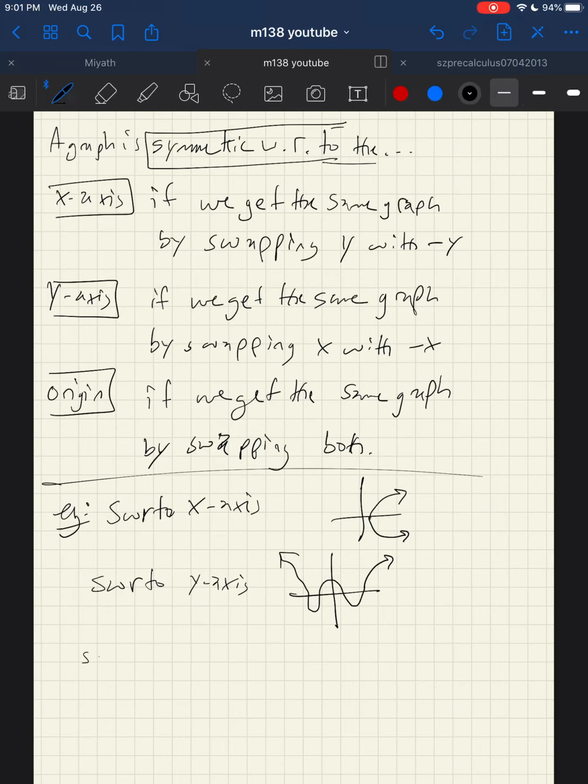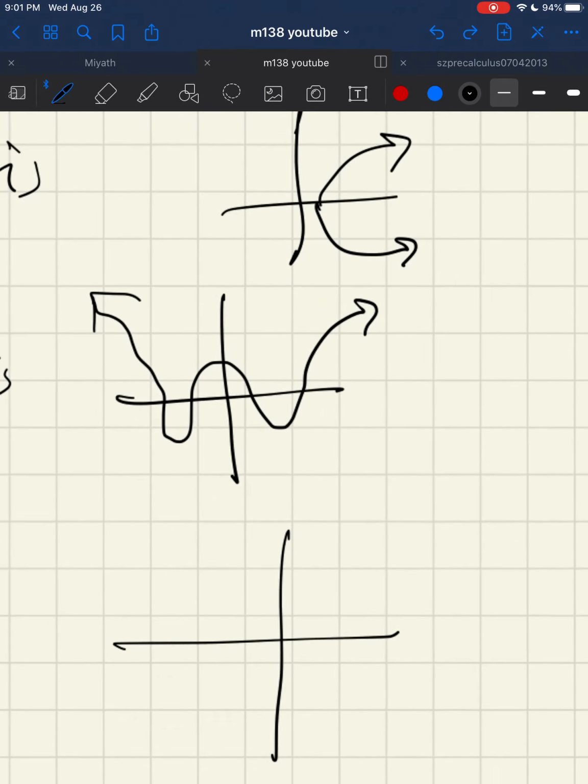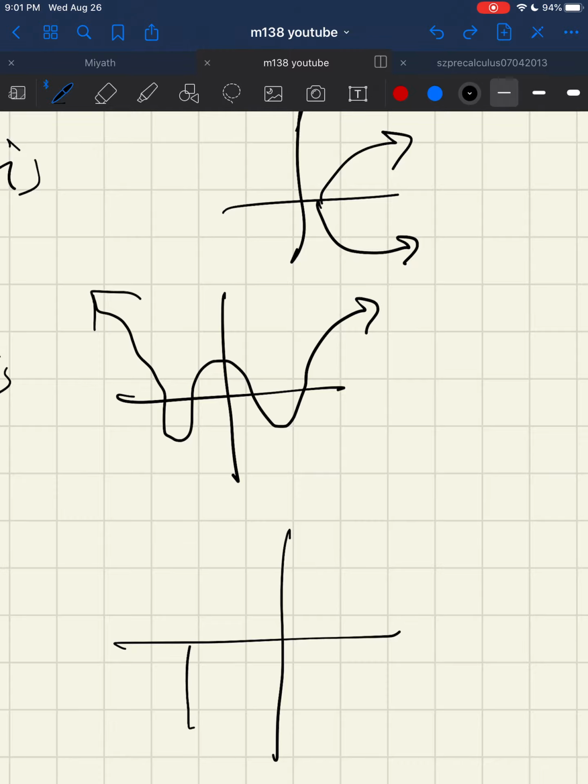Now, symmetric with respect to the origin is going to be a rotational symmetry. So it's going to be like, well, that's a little bit rough. Let me get in a little closer here.